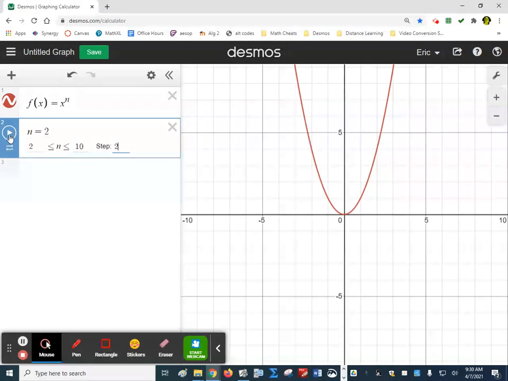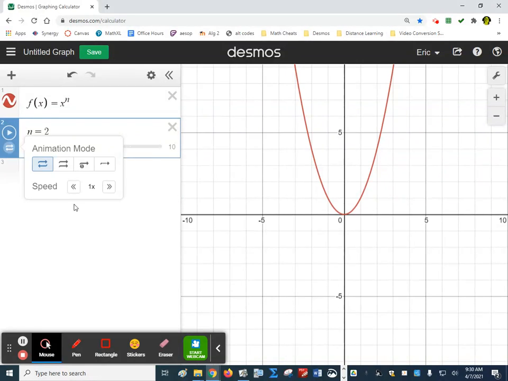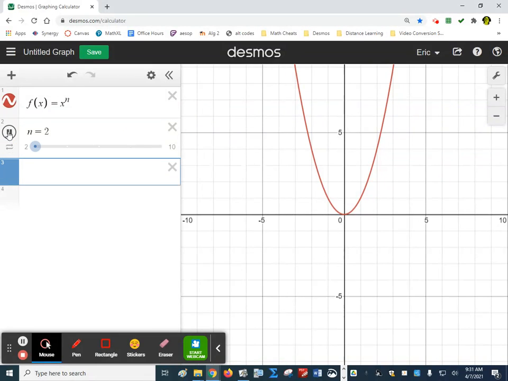All right. So now watch, I can even hit animate on this. And let's make the properties, make the speed kind of slow. Now watch this. Oh, that's going pretty slow. That's going too slow.